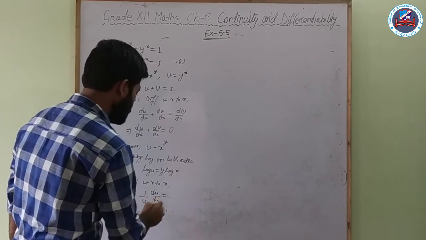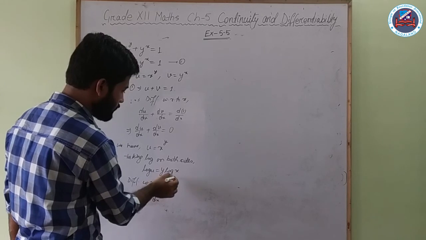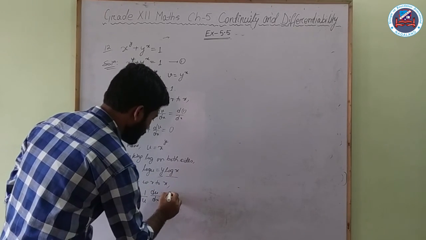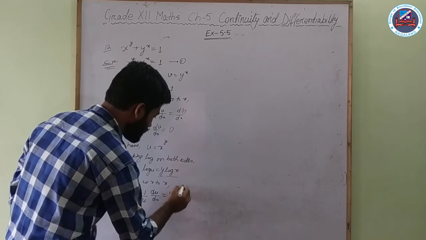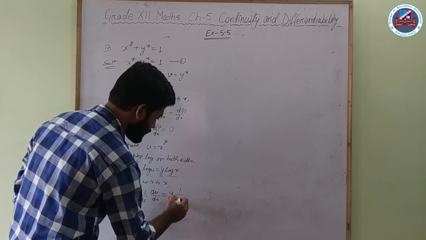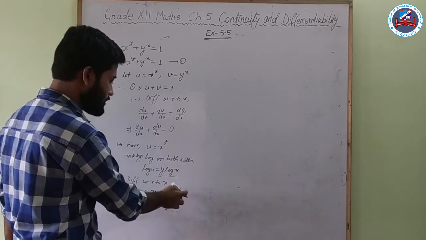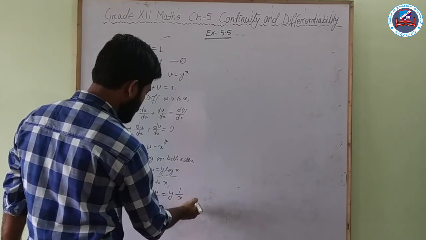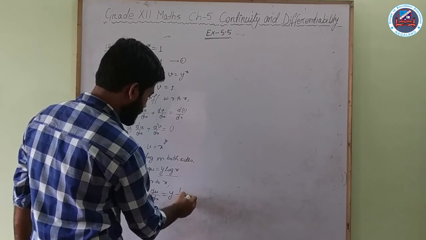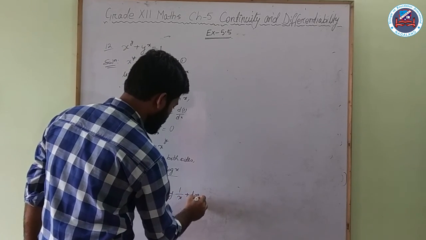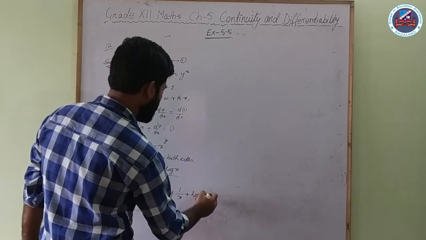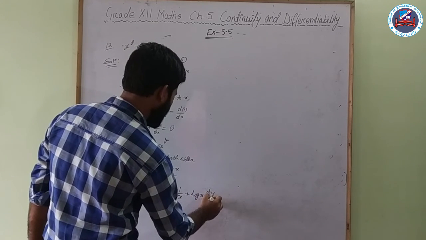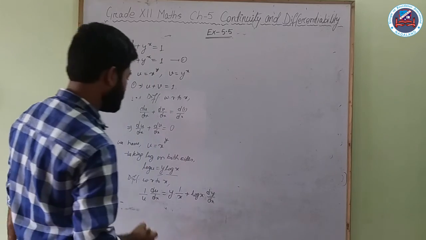This will be equal to, you can see this is the product form, that is y into log x. So let's do it. So first function into ddx of second function. Second function is log x, so we can write 1 by x. And since it is x only, no need to differentiate x again. Plus second function, that is log x, into derivative of first function, that is dy by dx or ddx of y.